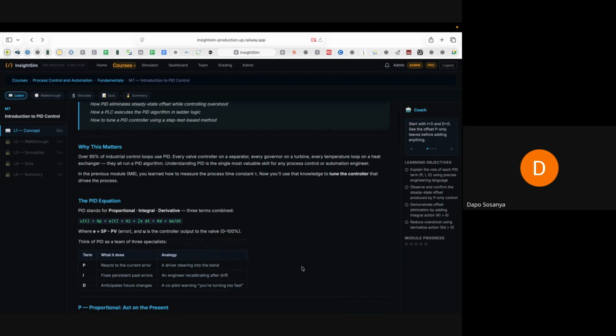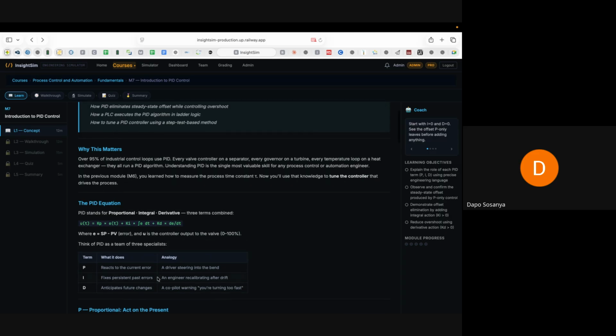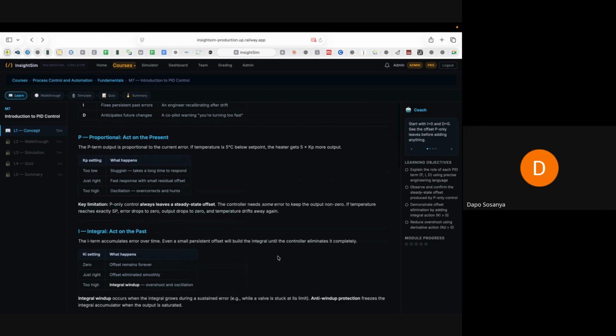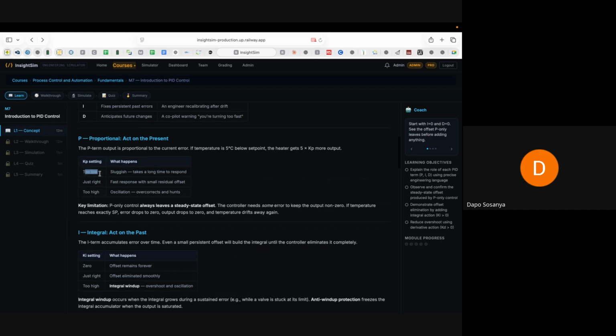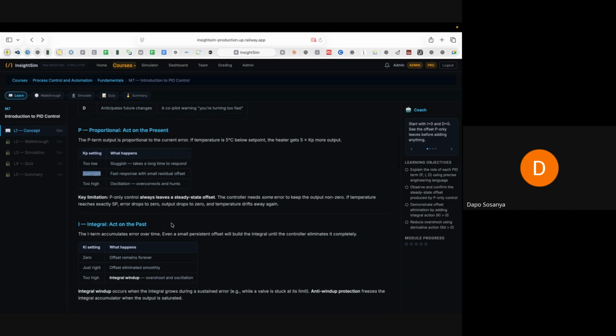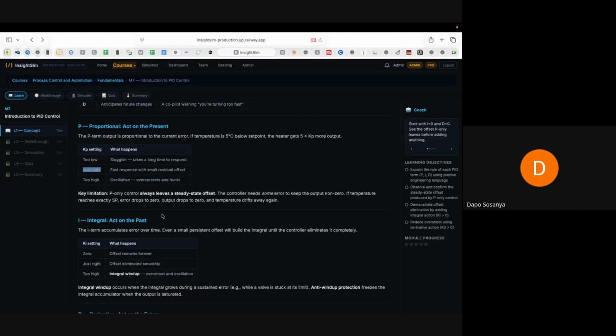So you can see the setting can be too low, just right, or too high. Getting the just right setting simultaneously, if you're implementing the PID algorithm, I mean the 3 terms, getting it right at the same time is the genius of the control system engineer.